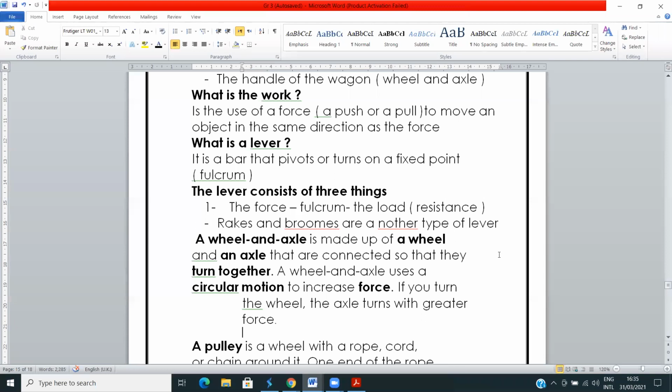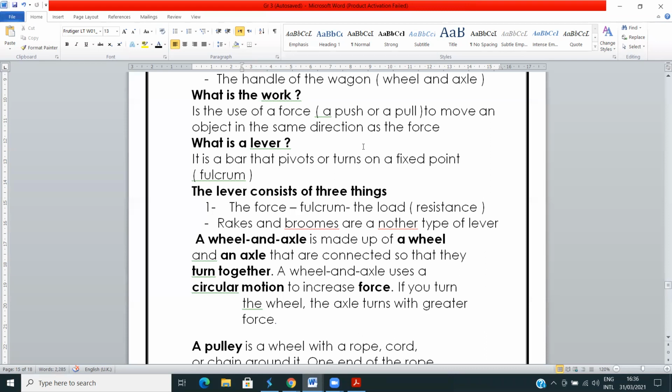Like a bicycle? The bicycle is just one part because a bicycle is a compound machine, not a simple machine. Our lesson is about simple machines and compound machines. Wheel and axle is found in a lot of things.